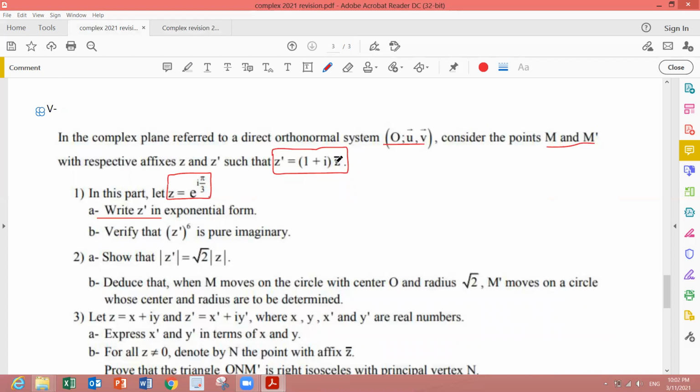Now, Z is e to the i pi over 3, so Z bar is e to the minus i pi over 3. If I write this in the exponential form, 1 plus i multiplied by e to the minus i pi over 3 gives Z prime.